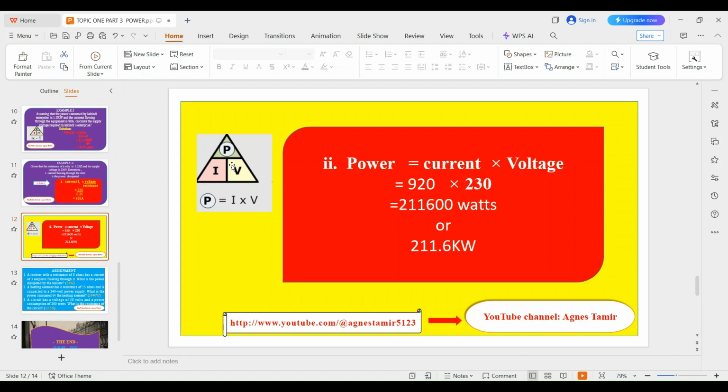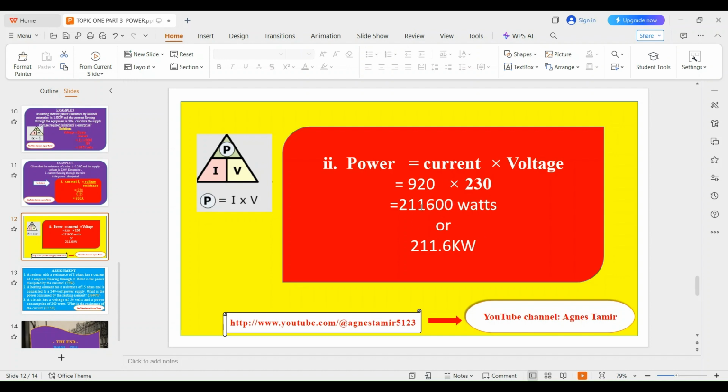Therefore, we shall have 920 multiplied by 230 volts for us to get power. And we are getting 211,600 watts.